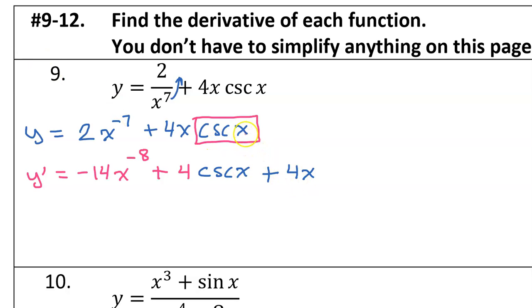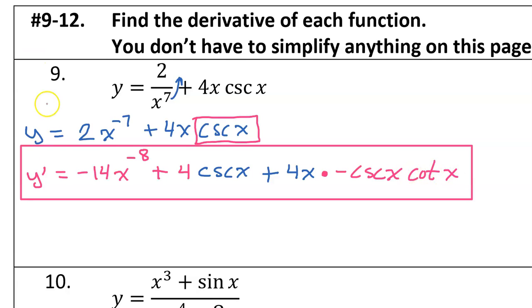In my mind I'm thinking the derivative of secant is secant tangent. So the derivative of cosecant is negative cosecant cotangent. So that's what's happening now, times negative cosecant cotangent. We don't need to simplify anything on this page, so we could just leave our answer like this.